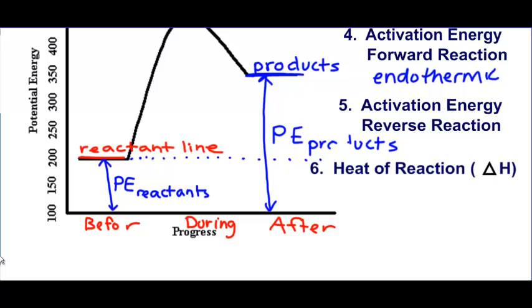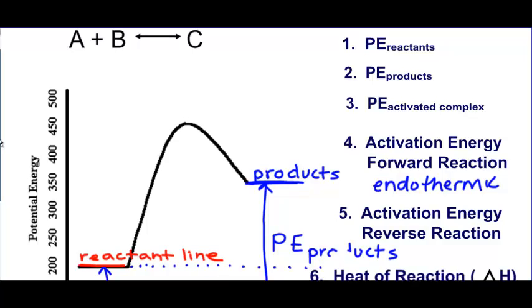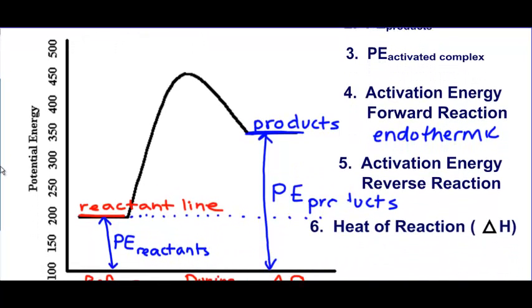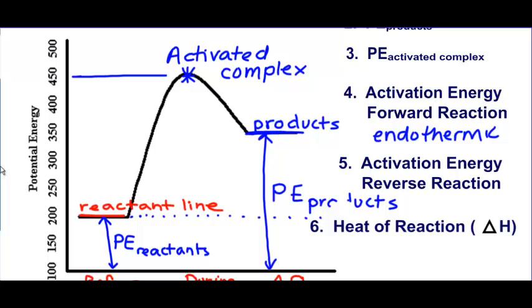The third potential energy is the potential energy of your activated complex. Remember this, not reactants, not products, something in the middle. That is your activated complex. And so we can see the activated complex has 450 joules of energy.